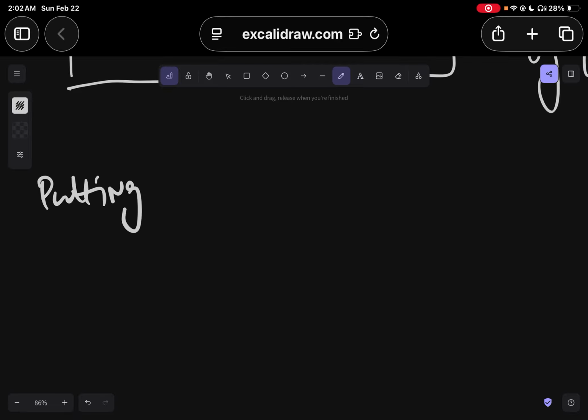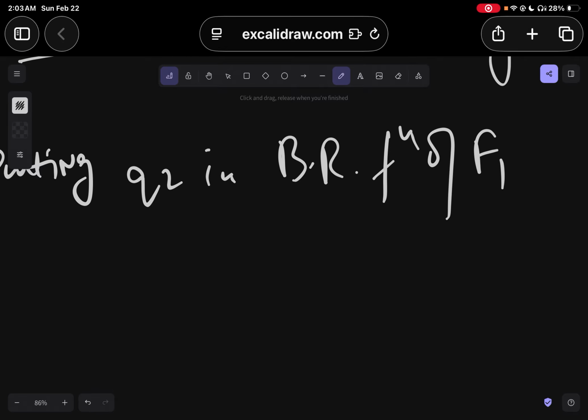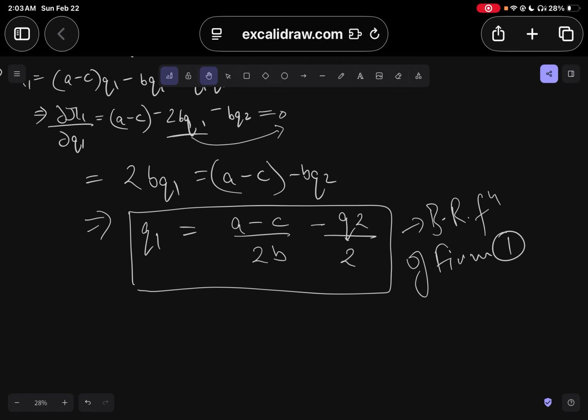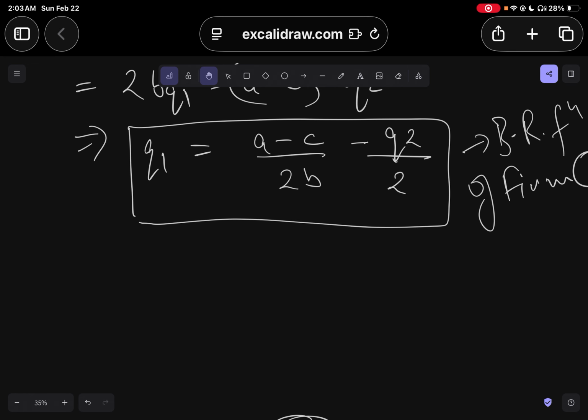Putting Q2 in the best response function of firm 1, then we will get, just so that we have it in front of us, I think I should write it here only.